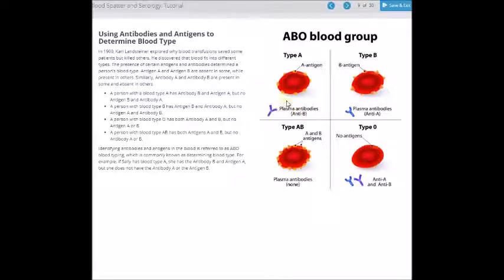Well, remember, these are like ID tags, and the body can react to all of these ID tags if they have to, okay? So, for example, if you are an AB blood type, you don't have any of the antibodies that would then attack the A or the B because you have both, right?